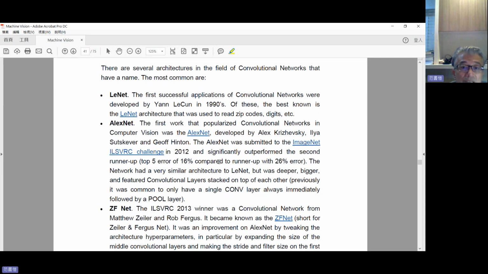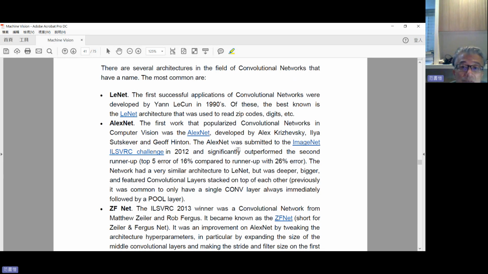AlexNet was the first work that popularized convolutional networks in computer vision, developed by Alex Krizhevsky, Ilya Sutskever, who used to work at OpenAI, and Geoffrey Hinton.